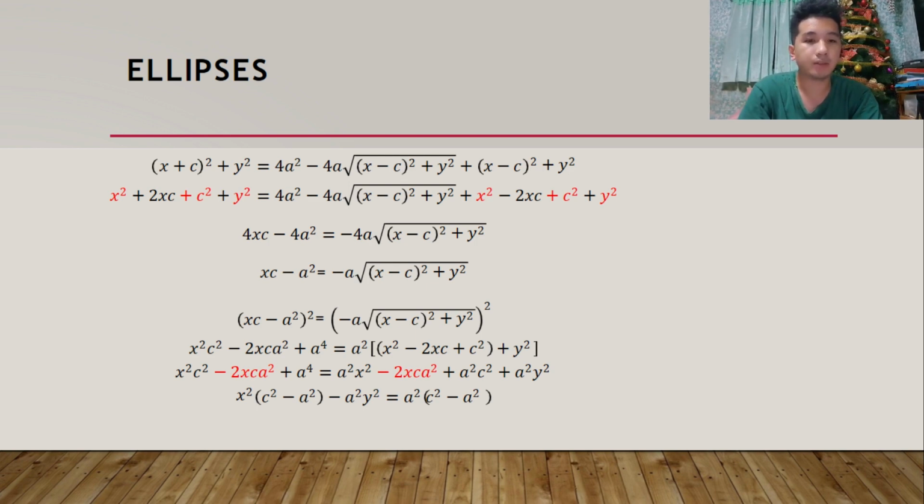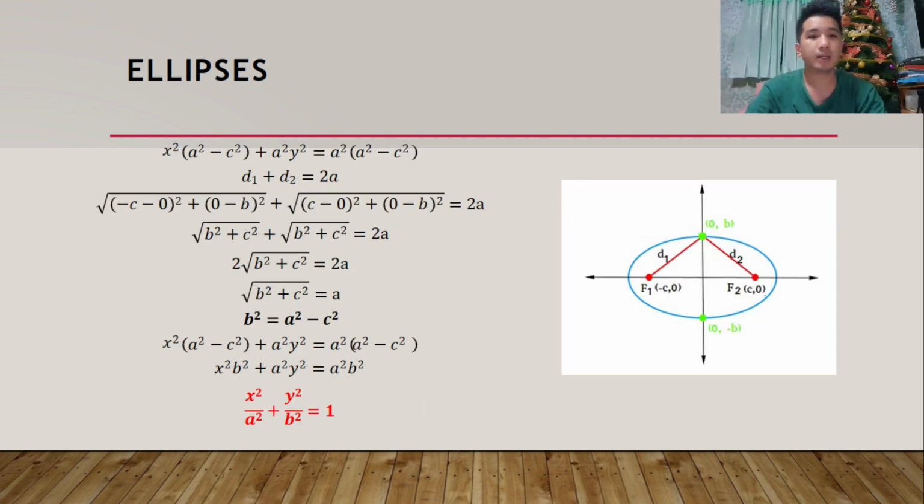So x squared times (c squared minus a squared) minus a squared y squared equals a squared times (c squared minus a squared). Then x squared times (a squared minus c squared) plus a squared y squared equals a squared times (a squared minus c squared).